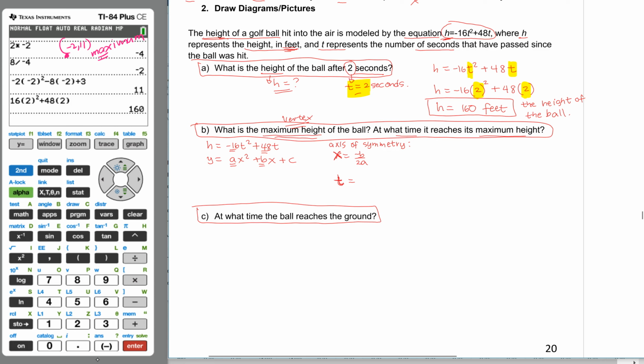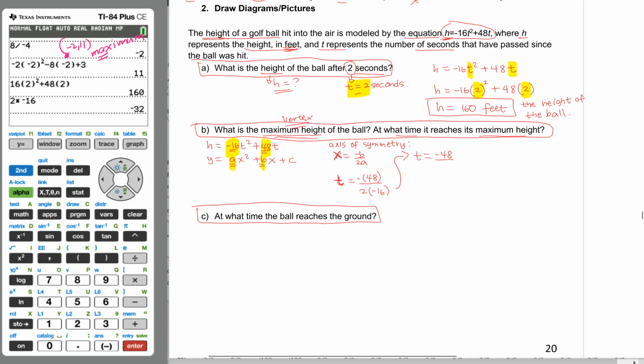So t equals, your b value is 48, and your a value is negative 16. So just pay attention to that. This would be negative 48 over 2 times negative 16.